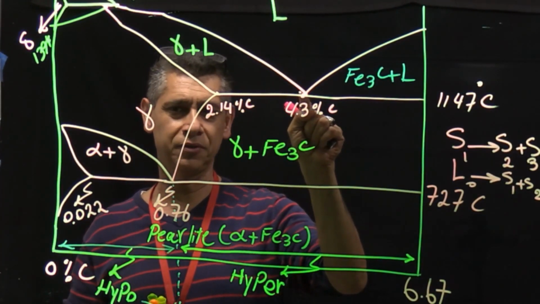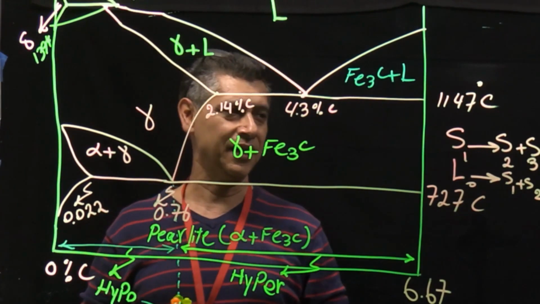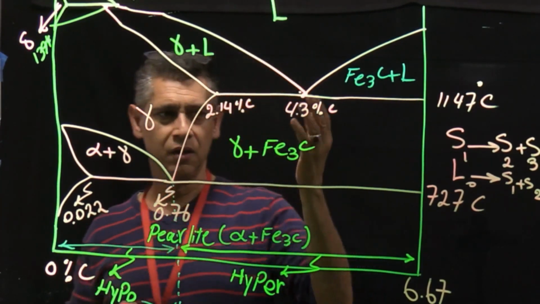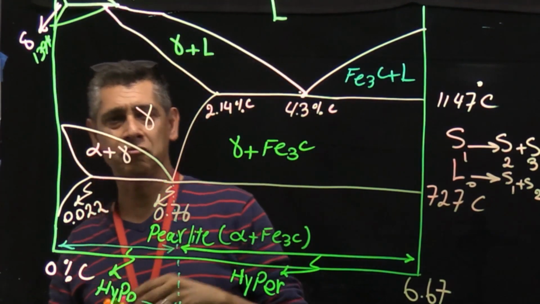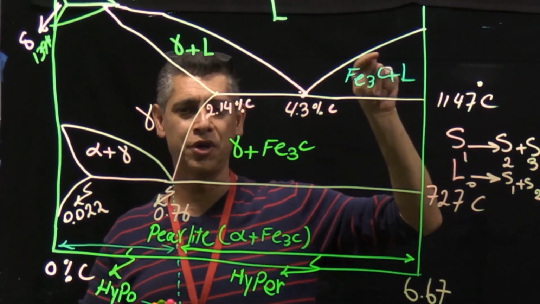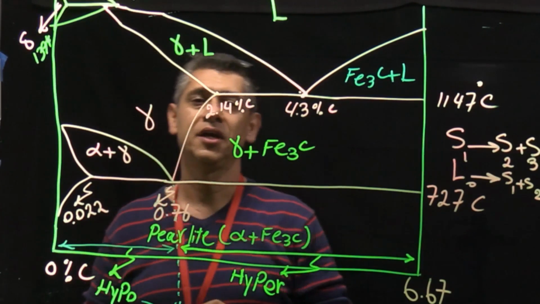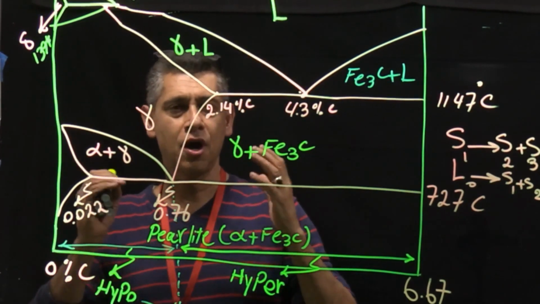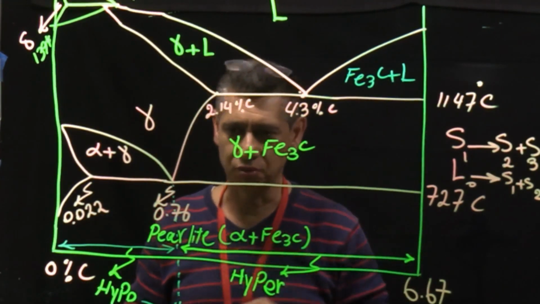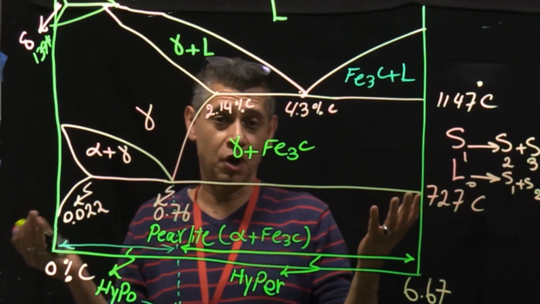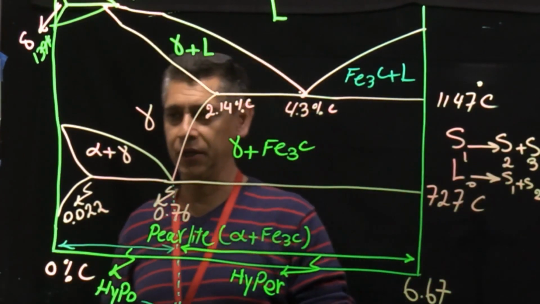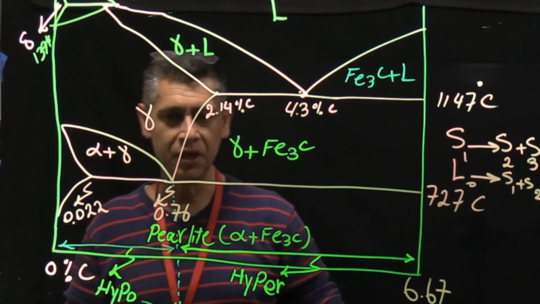Obviously here is the point, and that's 1147. Iron melts at around 1500, but you can add 4.3% carbon and have a eutectic composition at which iron can melt around 1200. That's very desirable because you don't have to take it another 300 degrees to melt the iron.